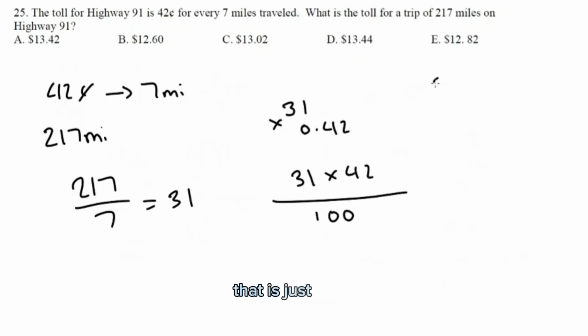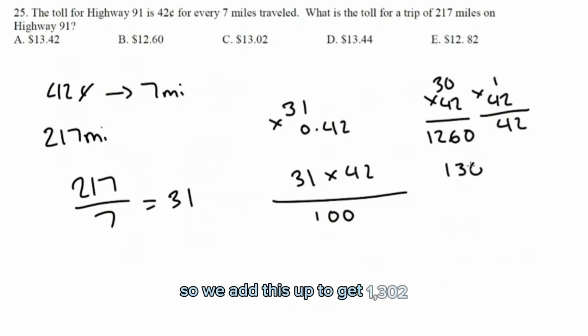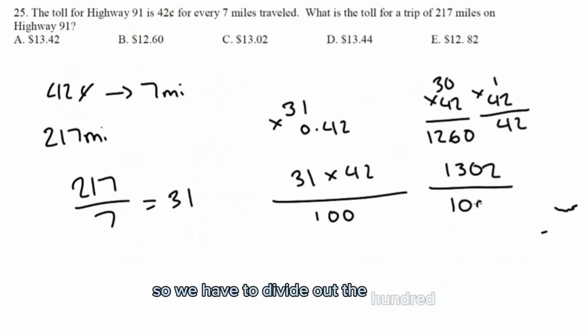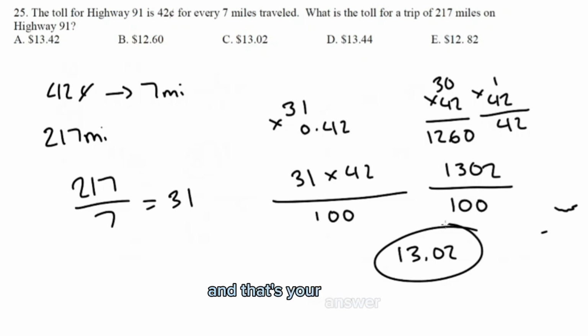That is just 30 times 42 and 1 times 42. 1 times 42 is 42. 30 times 42 is 1,260. So we add this up to get 1,302. Now it's still over the denominator of 100. So we have to divide out the 100, which gives us 13.02, and that's your answer.